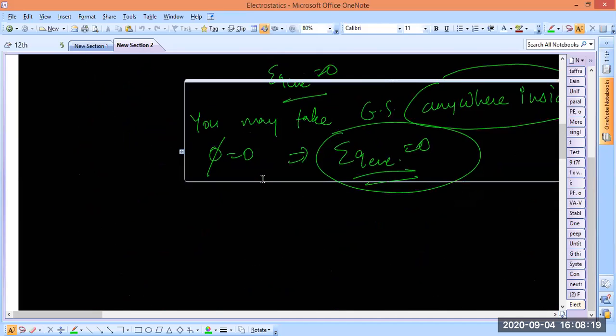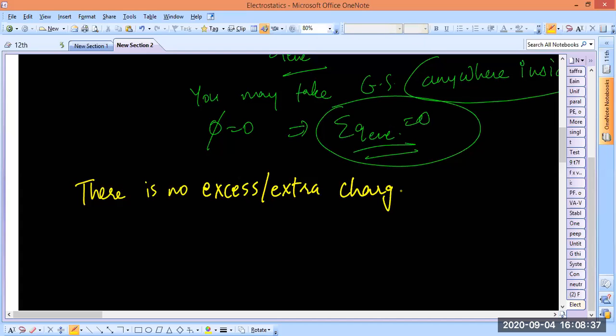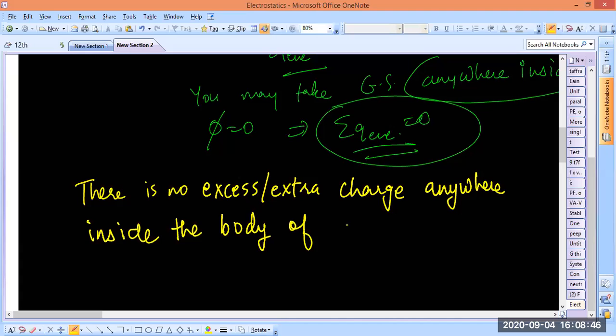You can also write this as: there is no excess or extra charge anywhere inside the body of the conductor. Again, this sentence is only applicable for electrostatics.